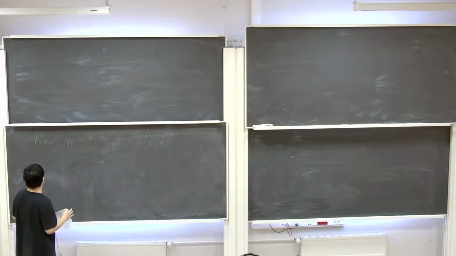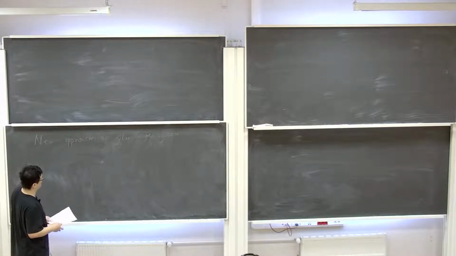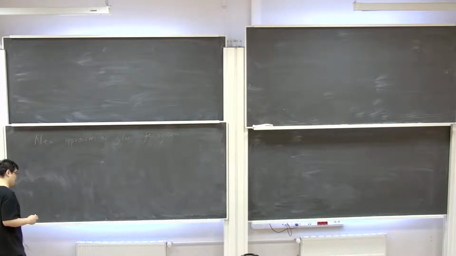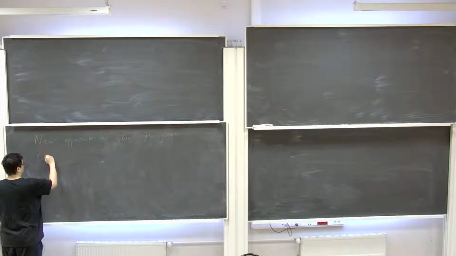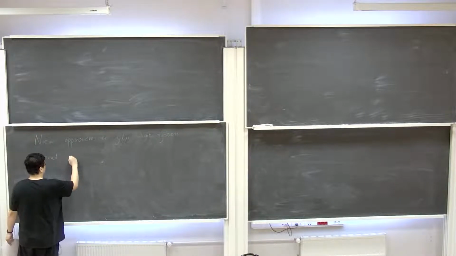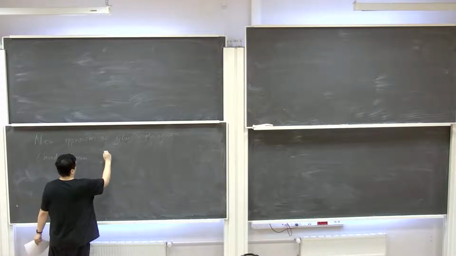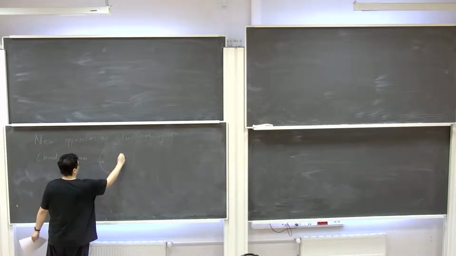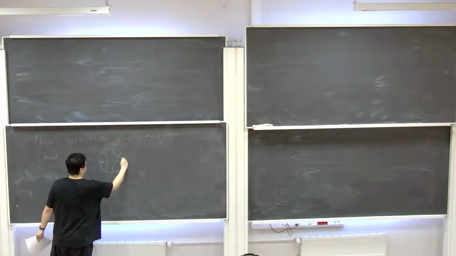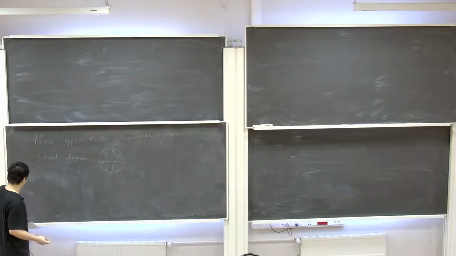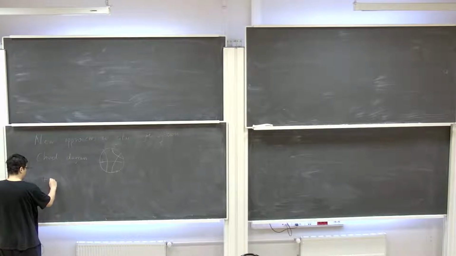So my talk title is New Approach to the GLN weight system. First of all, it's a chord diagram. It's just an oriented loop and several chords. And next is the four-term relationship.